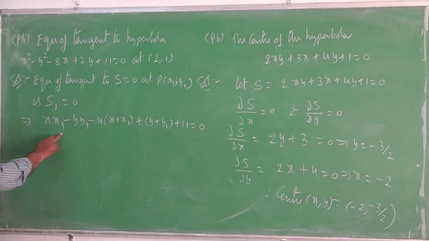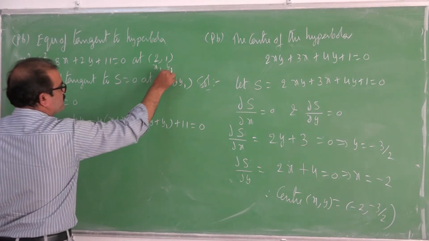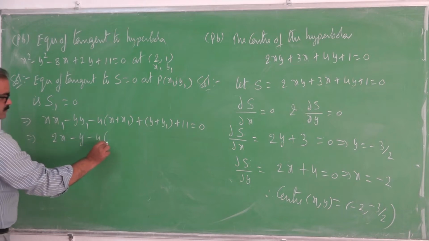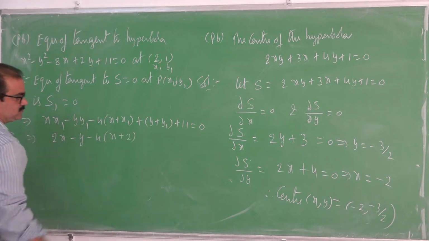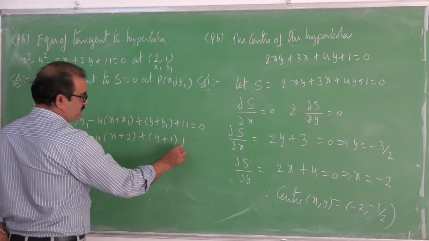But what is x1? 2. What is y1? 1. So 2x minus y minus 4 into x plus 2, plus y plus y1, 1.